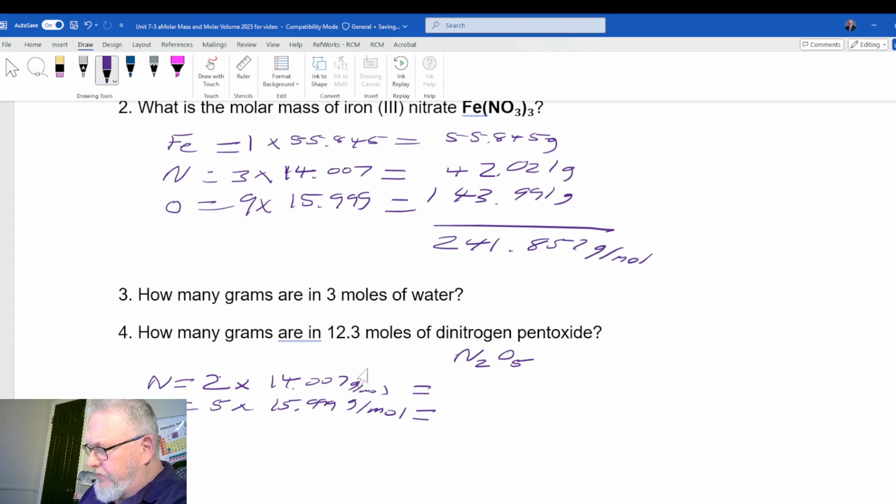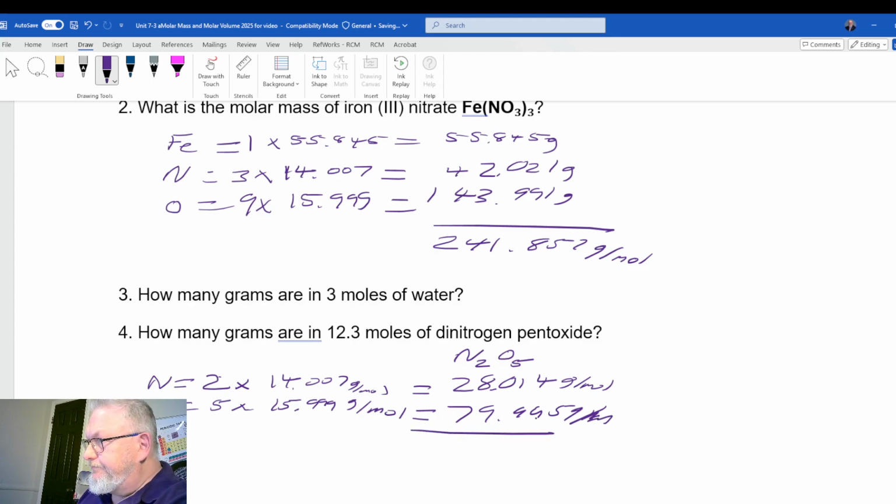All right, let's do some math here. 2 times 14.007 grams, I got 28.014 grams per mole. And then oxygen, 5 times 15.999, I got 79.995 grams per mole.